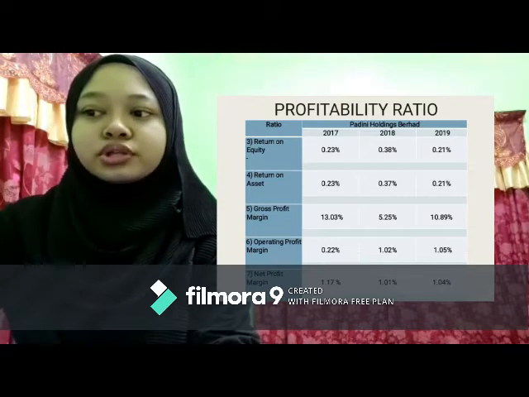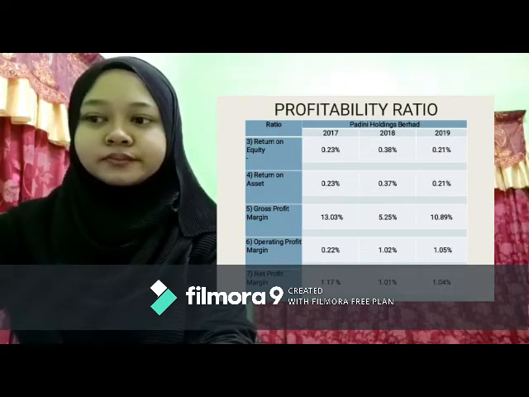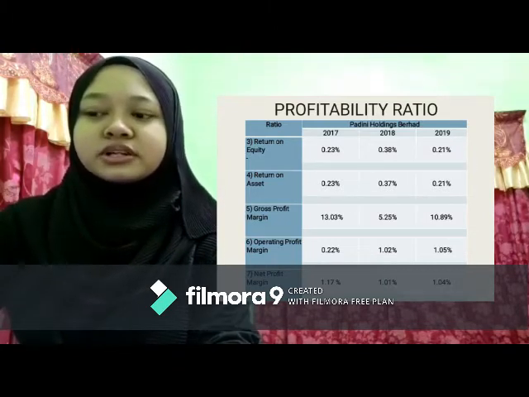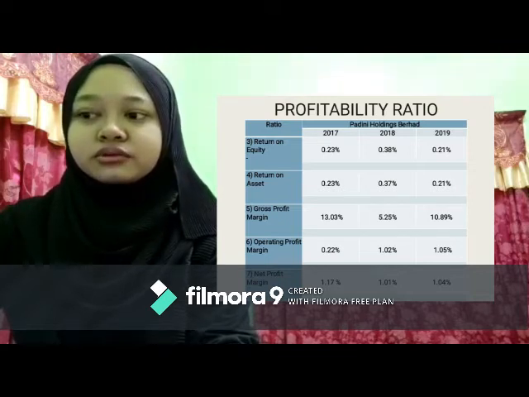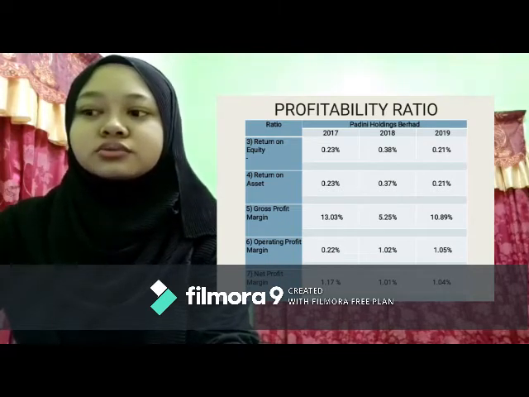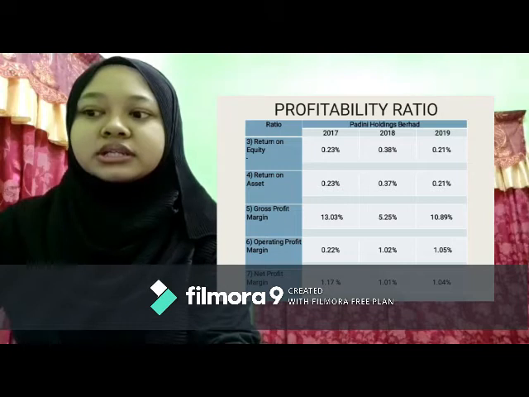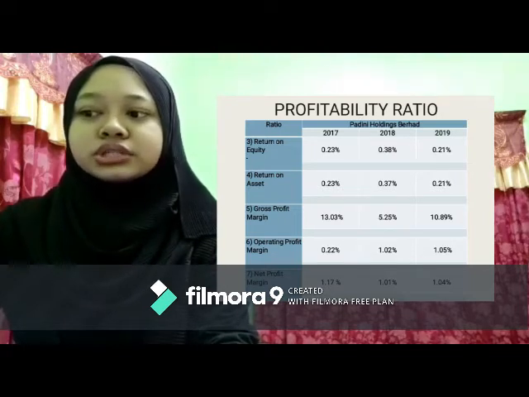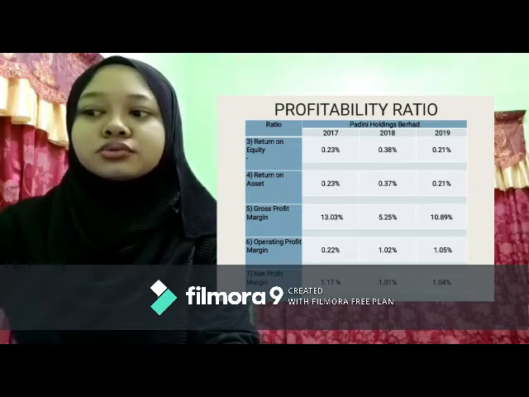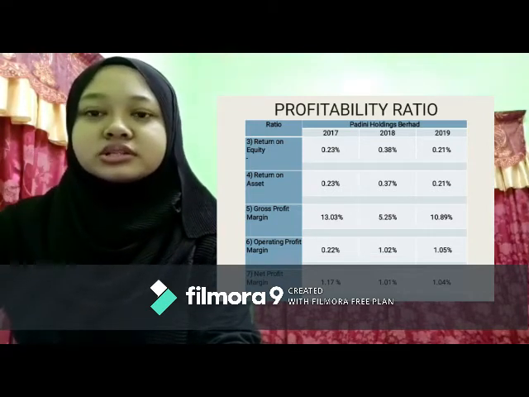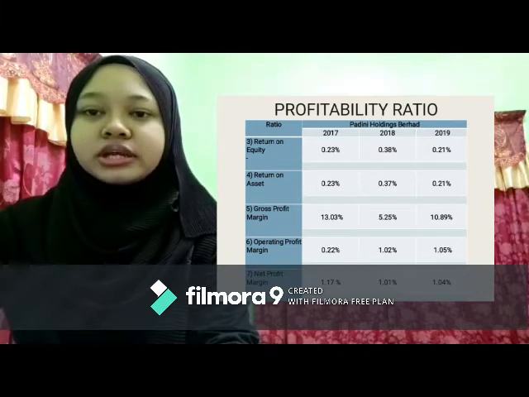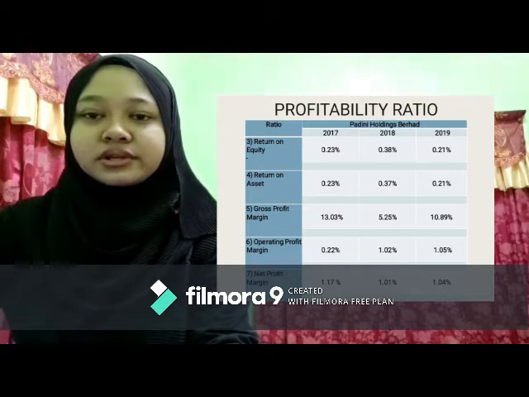For gross profit margin, it can be concluded that year 2017 is the best for Padini in terms of gross profit margin with 130.03% compared to 2019 and 2018 with 10.89% and 5.25% respectively.